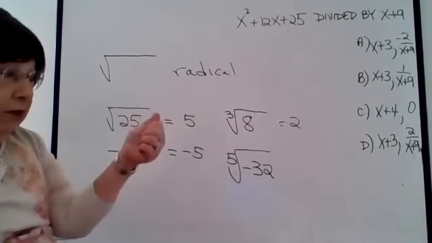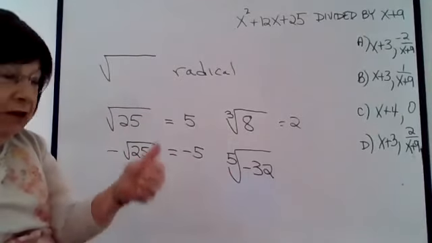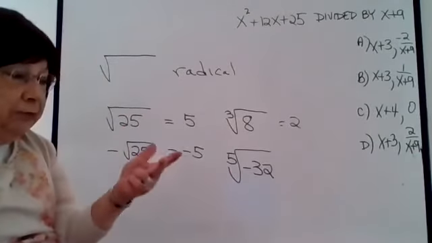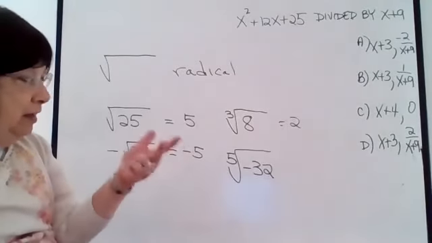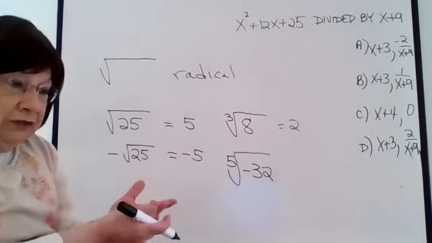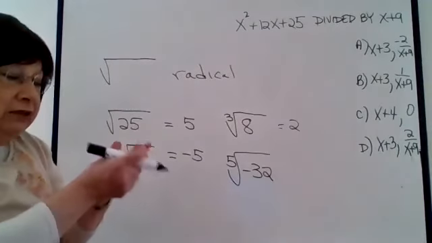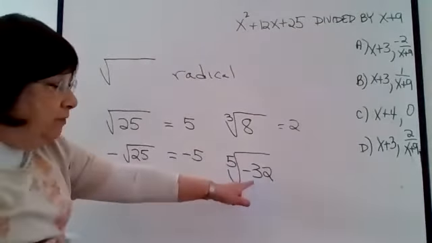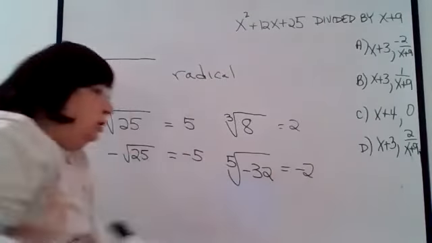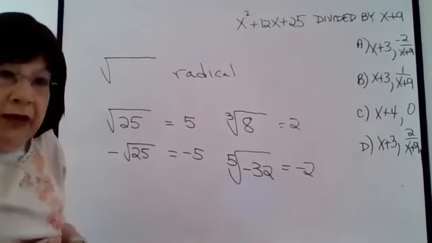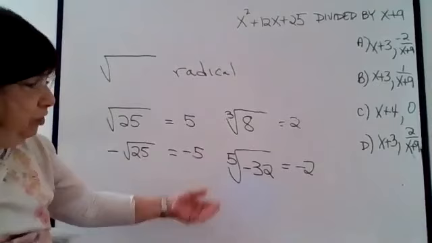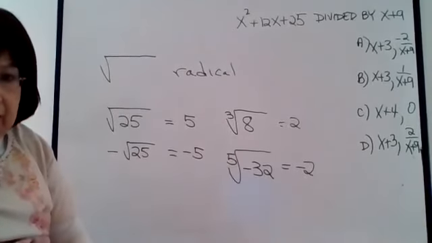Notice, if you think about it, it would be -2, because -2 times -2 is +4. +4 times -2 is -8. -8 times -2 is +16, and 16 times -2 gives you -32. The answer here would be -2. Obviously, if they're asking you questions about third roots or fourth roots or fifth roots, the numbers have to be easy.